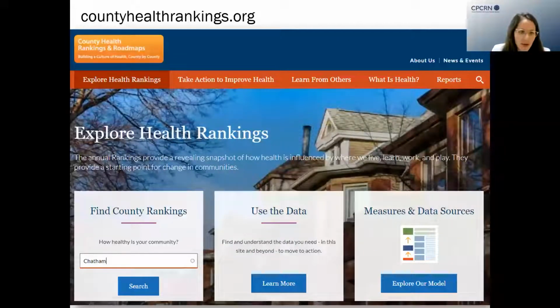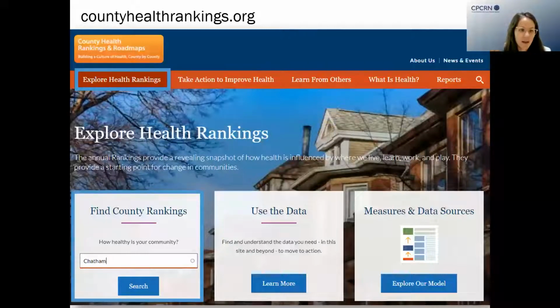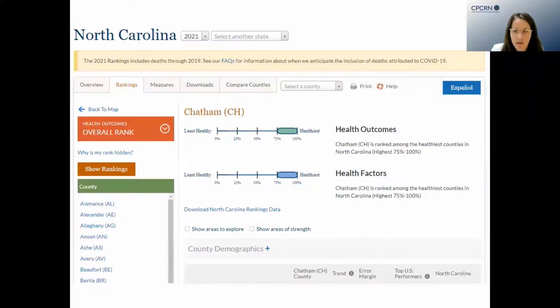So from the home page, if you click Explore Health Rankings, and then down in the bottom left, find county, or in the Find County Rankings box, type the county that you're interested in. On the next page, it will take you to the overall health outcome rank for that county. So despite the low colorectal cancer screening rates in Chatham County, it actually is one of the healthier counties in North Carolina. So that's pretty good for Chatham County.